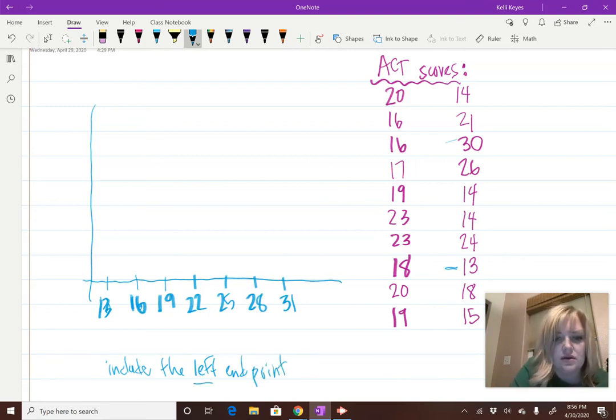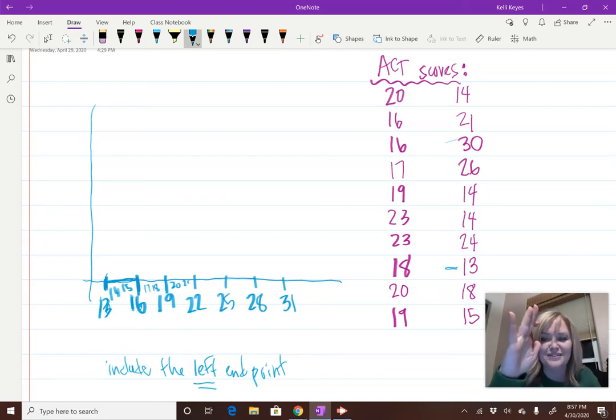So from 13 to 16, I'm actually not including 16. This is really 13, 14, and 15. Then the next interval will be 16, 17, and 18, and the next one will be 19, 20, and 21. Does that make sense? You're including the left endpoint, not the right.